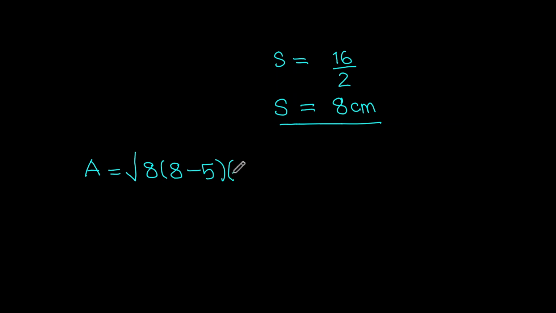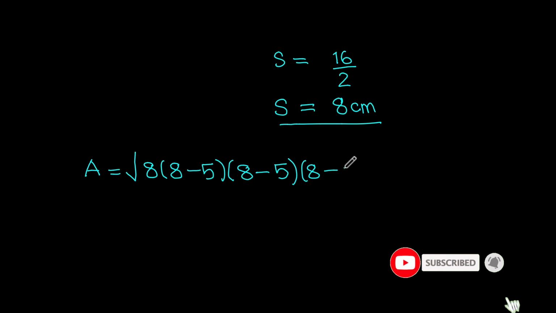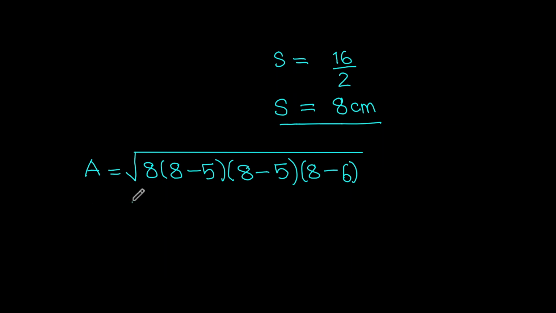Then we multiply this by 8 minus the next 5, that is b, and lastly 8 minus the next side here, 6. So let's close up this, and after that we can go ahead and simplify. Square root of 8, so 8 minus 5 we get 3, and also this one is the same, 3. 8 minus 6 we get 2 here, and we will have to multiply all these numbers together.